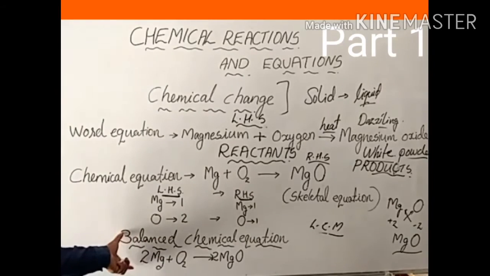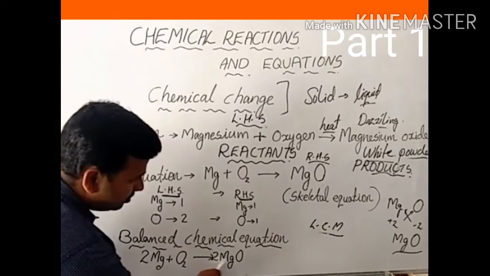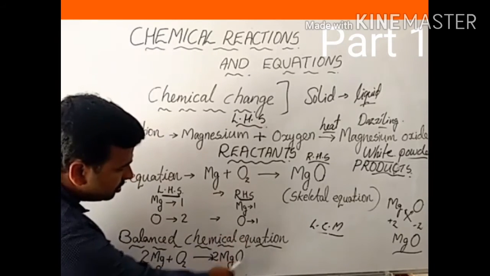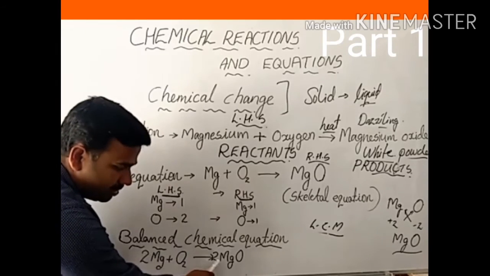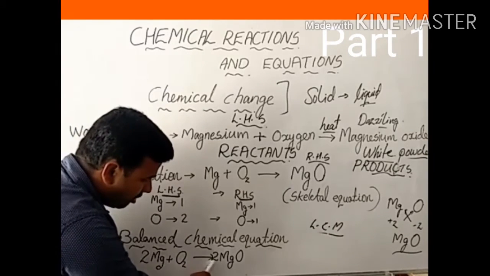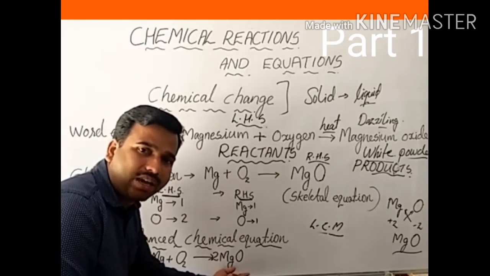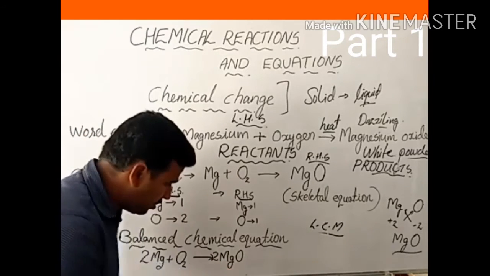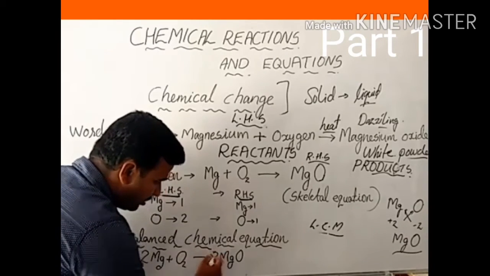So now let us look. In order to make the oxygen atoms 2, we can add 2 as a stoichiometric coefficient towards the left of the chemical formula of that particular compound. Here we are able to make changes only on this side.